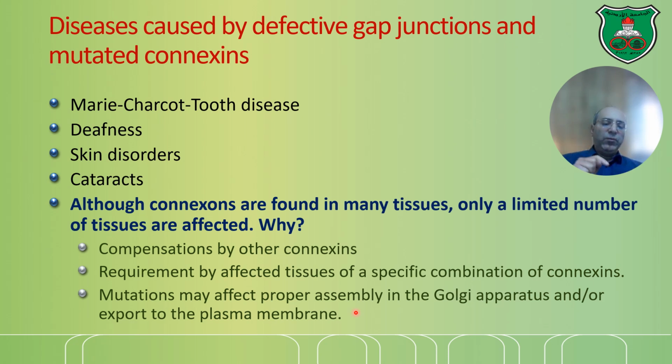That is, a mutation in one connexin can prevent the formation of a proper gap junction, a proper connexon within one cell, trapping the connexin or the other connexins in the Golgi apparatus. So these are different reasons for why you can have mutations in one connexin, but you have certain tissues being affected.